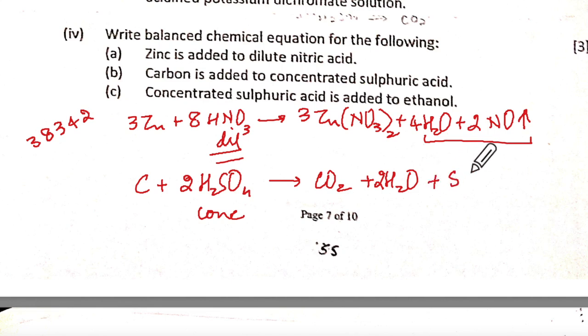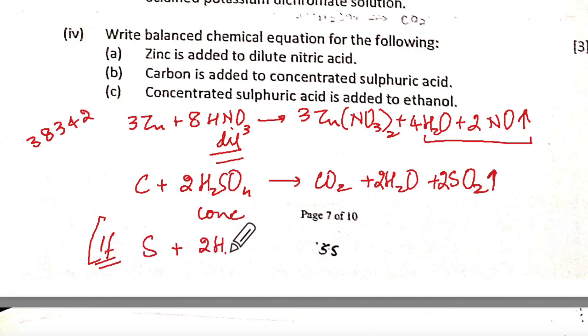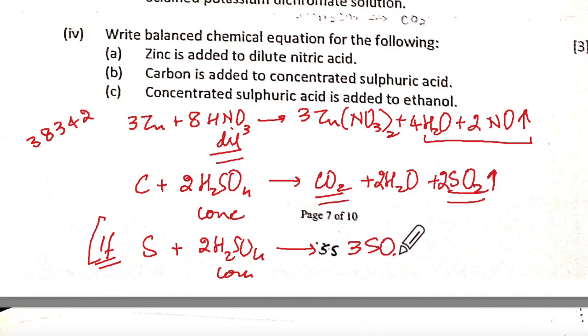If it is S plus 2H2SO4 conc, it will give me 3SO2 plus 2H2O. Did you understand?